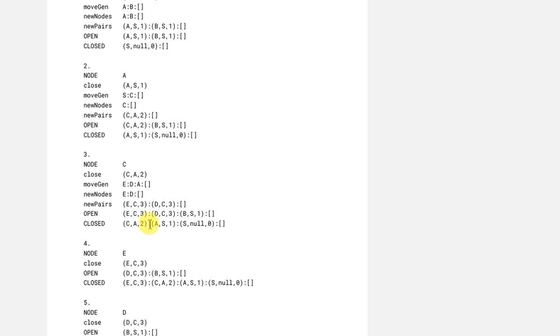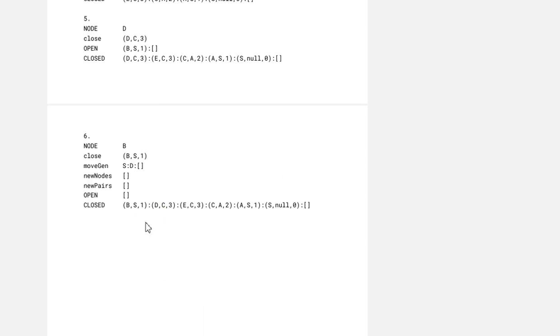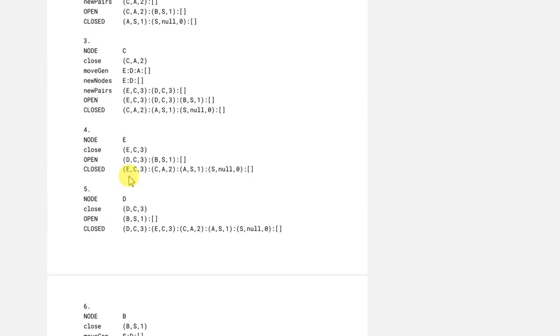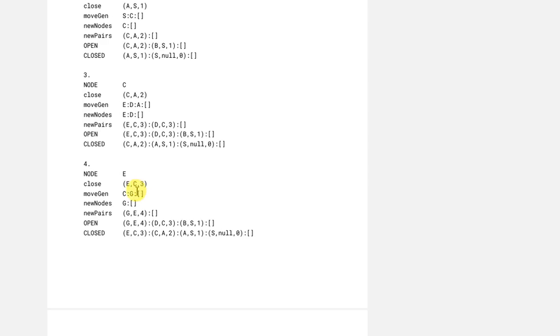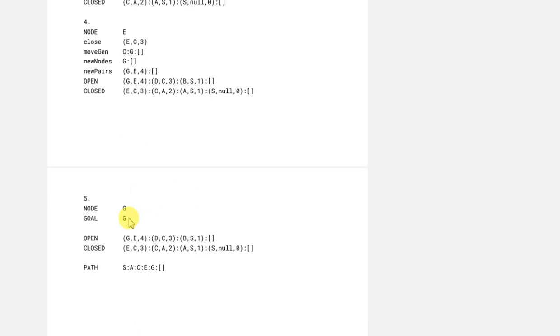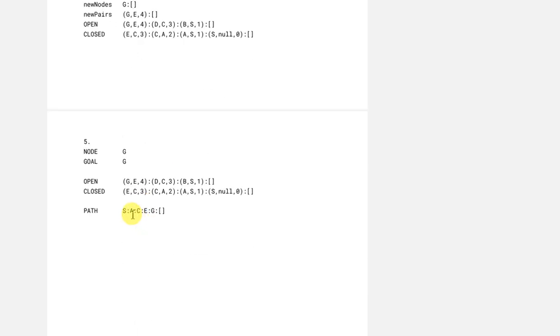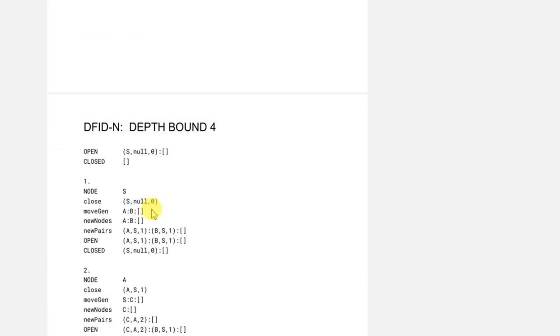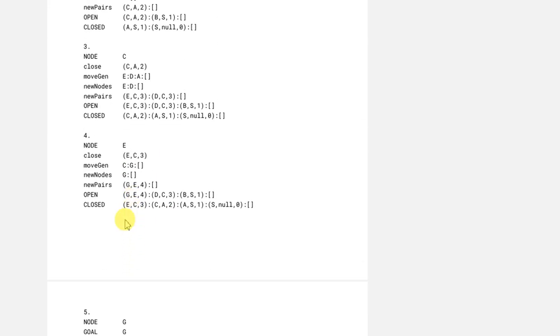For depth bound 3, we'll go up to B, C, E, D. Then for depth bound 4, likewise we go to the open of C, which is E, D, and B. Then we go to E. Open of E is G, D, and B. Then we go to G. This is the goal state. We got the path: S, A, C, E, G. This is the path.